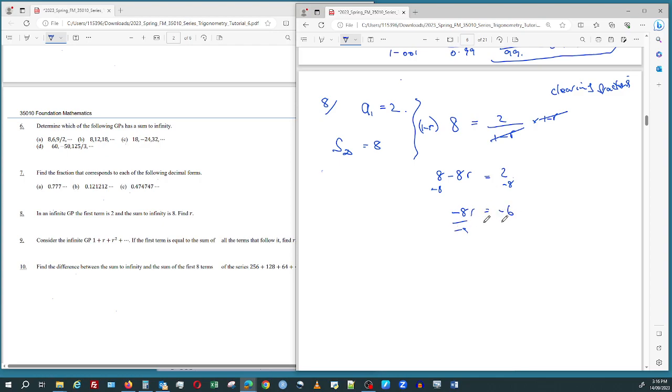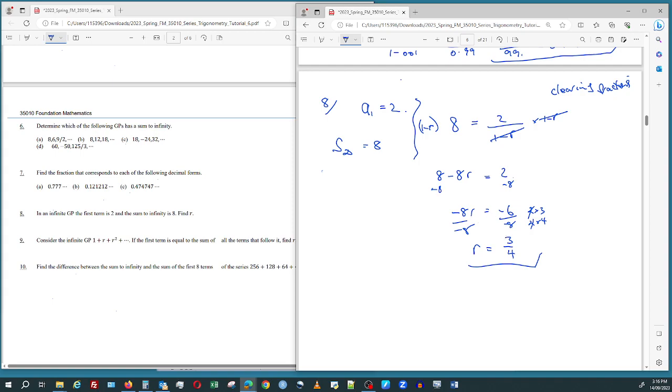And divide by minus 8. So R will be equal to positive, because minus over a minus. And that'll resolve to 2 by 3 and 2 by 4, won't it? So they'll cancel, so you'll be left with 3 on 4 as your R.